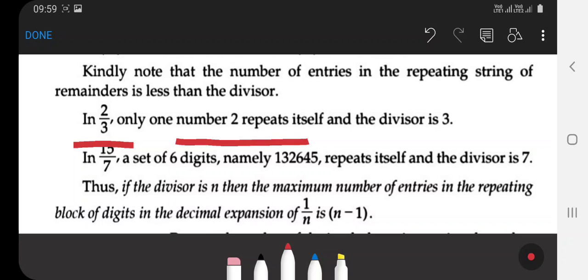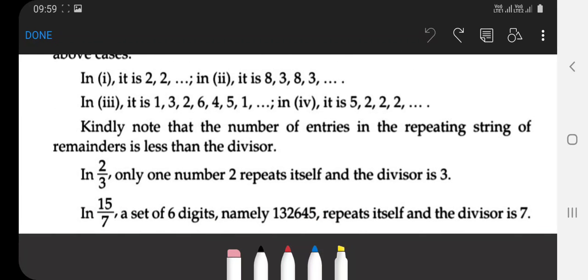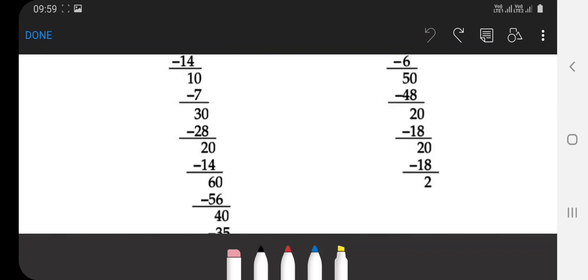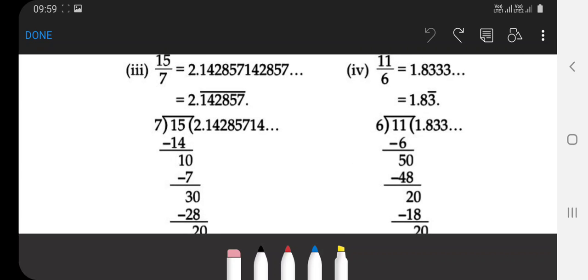If 15 by 7, a set of 6 digits, namely 1 3 2 6 4 5, repeats itself.